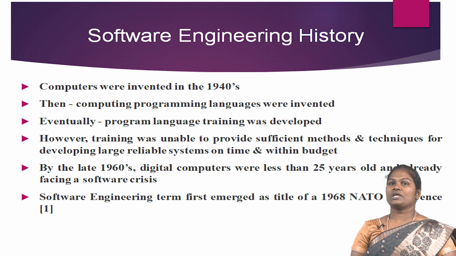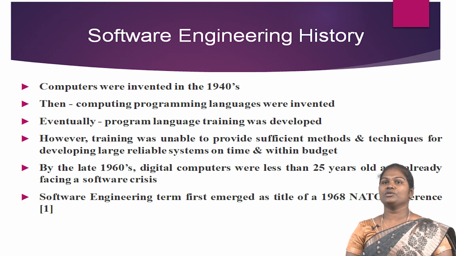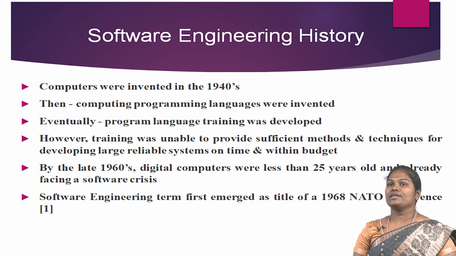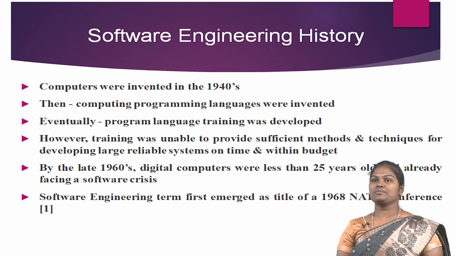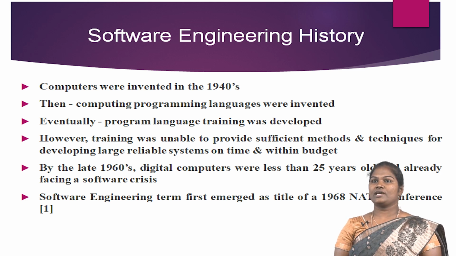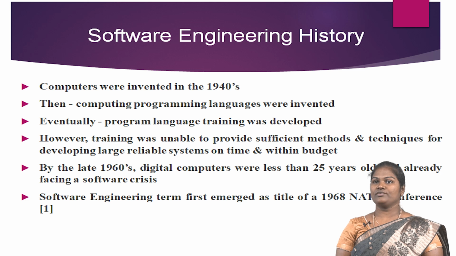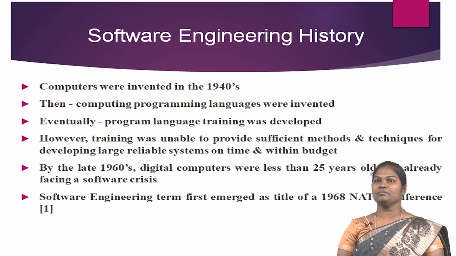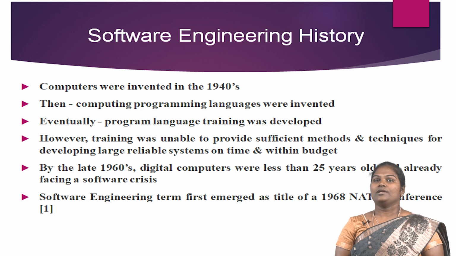High-order computer programming languages started to come into being in the late 1950s. Eventually, some training on how to write programs was developed. However, the training available at the time was not advanced enough to provide the methods and techniques needed to develop large systems that were reliable, delivered on schedule and within budget.